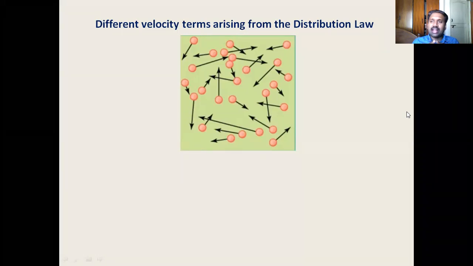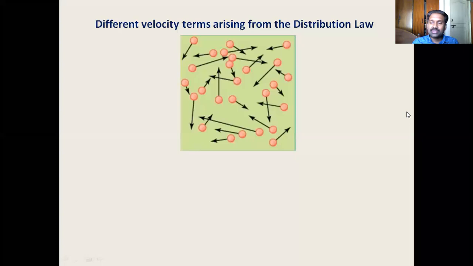So that distribution law is like a source from where you can derive many other expressions. And today we are going to look at the actual velocity terms. For example, if I ask you to calculate the velocity of nitrogen at 25 degrees Celsius, which formula do you use?